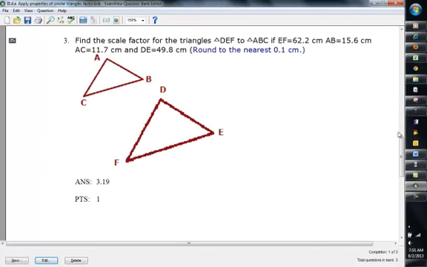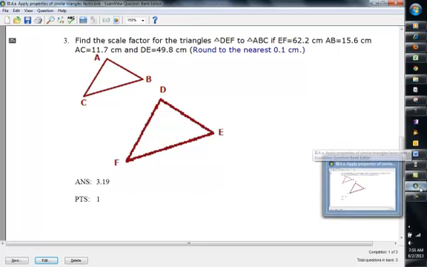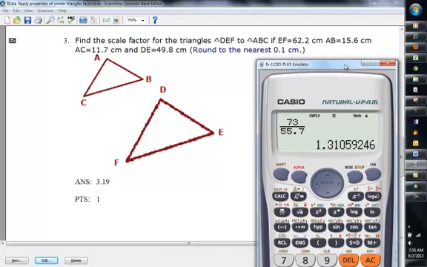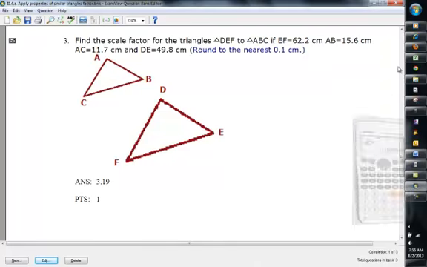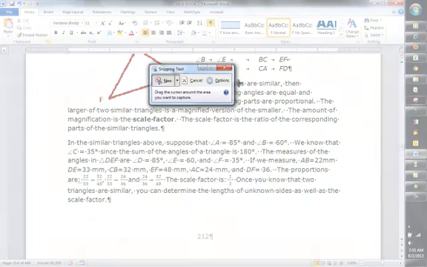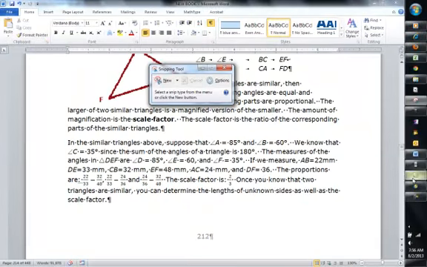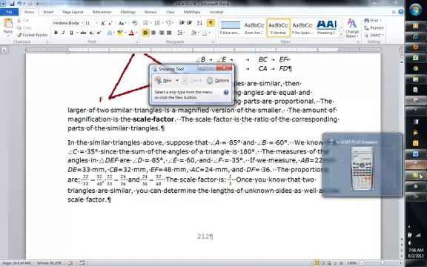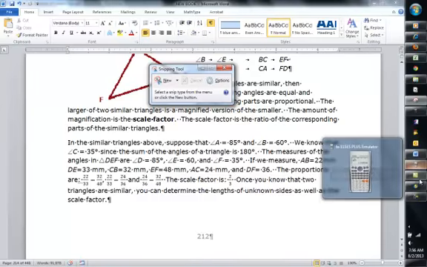Next one. Find the scale factor for these triangles. Let's see here. Oh, we gotta draw the picture first.